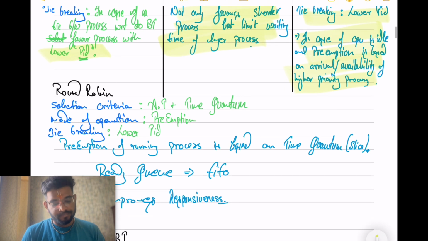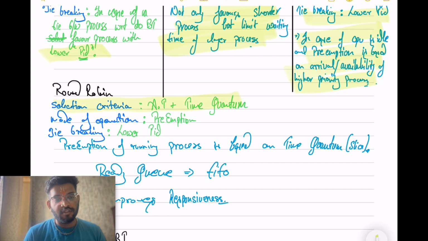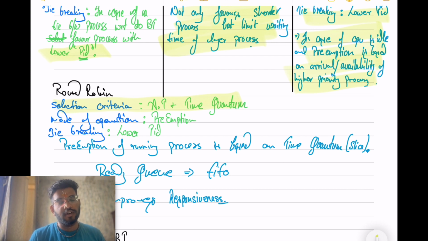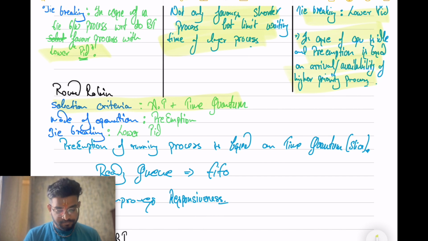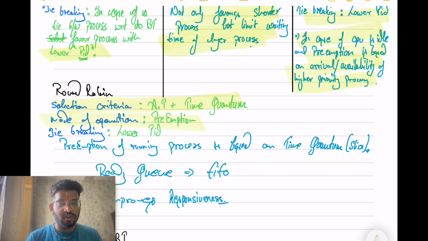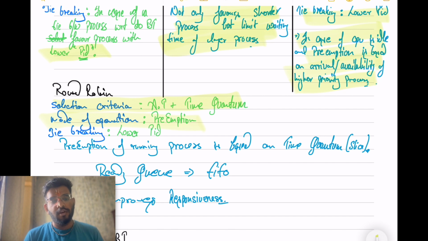Round robin. In round robin, the selection criteria is arrival time plus time quantum. Every process gets a certain time to use the CPU, which is known as the time quantum. Mode of operation is preemptive because if a process does not complete within the allocated time, it gets preempted and another process runs on CPU.